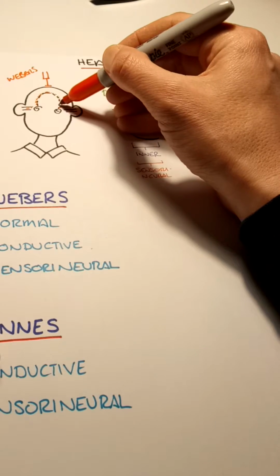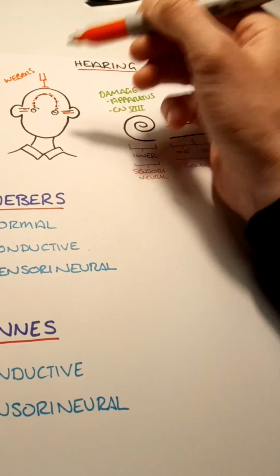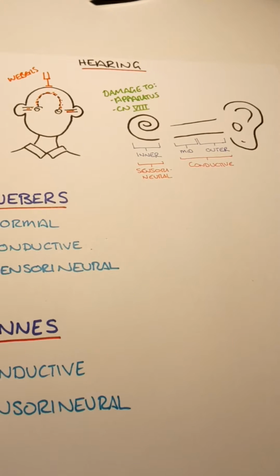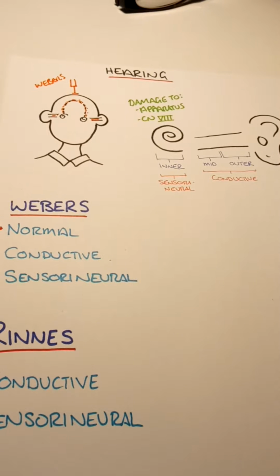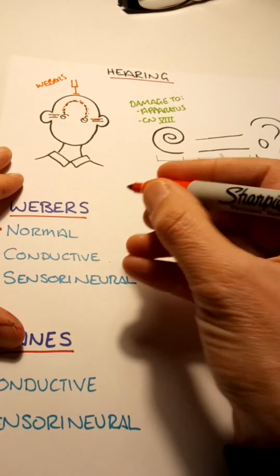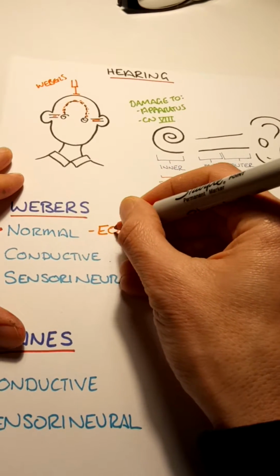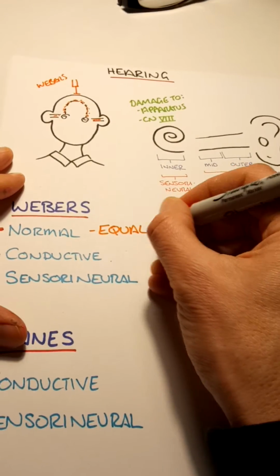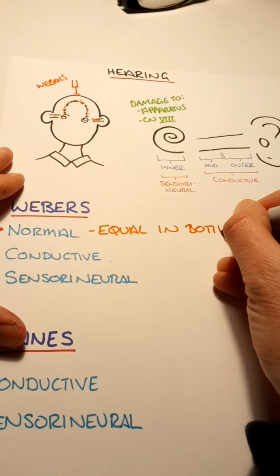So is the sound being heard equally in both ears, or is one louder than the other? Normal hearing in a Weber's test would be equal in both ears.